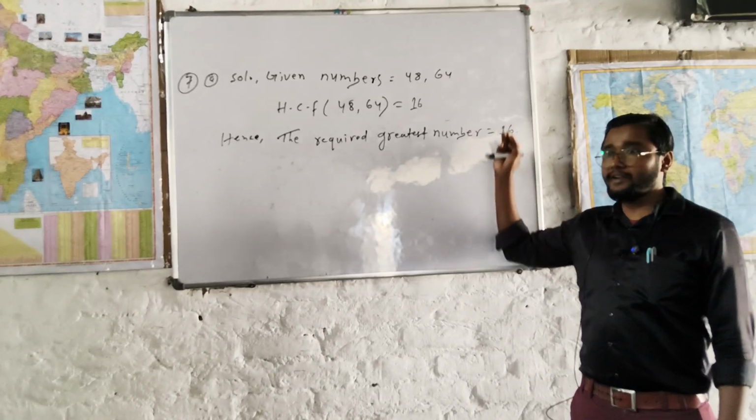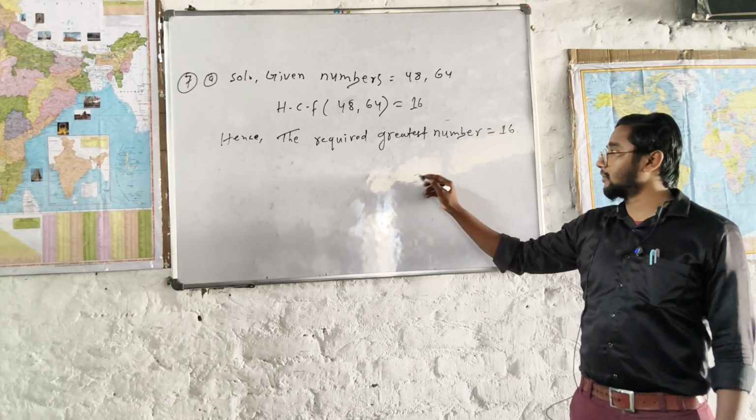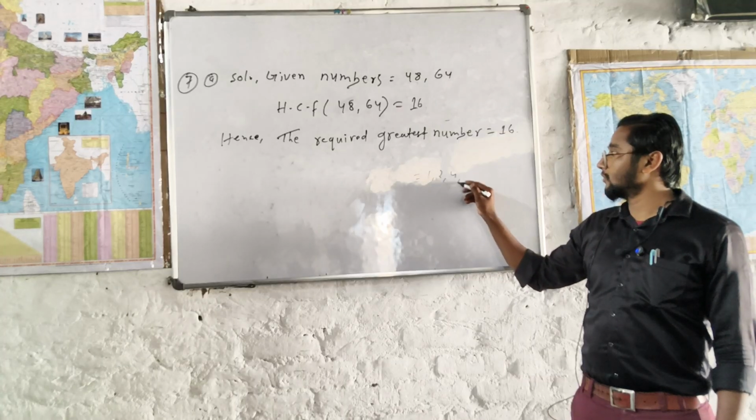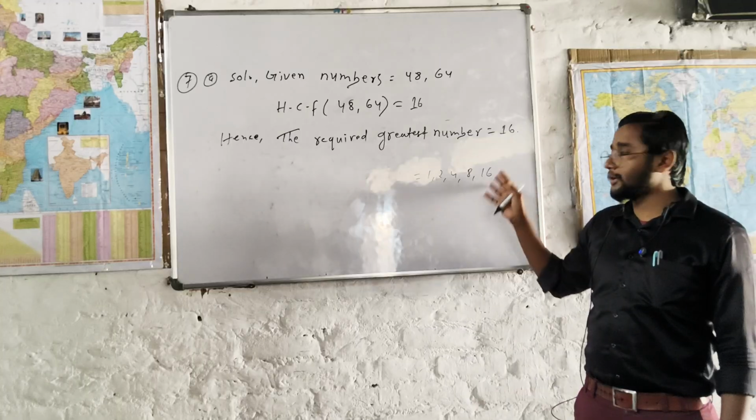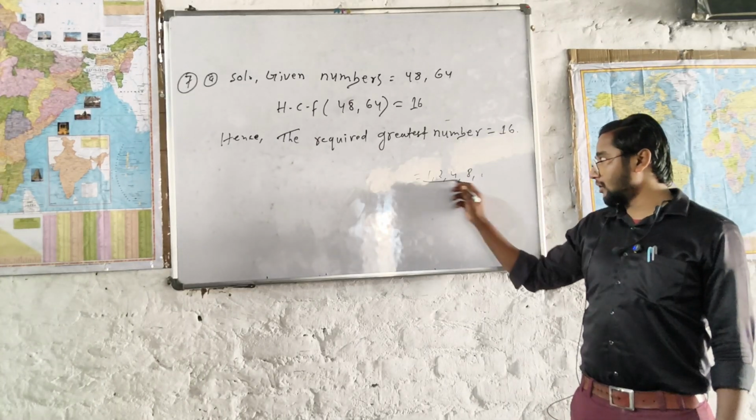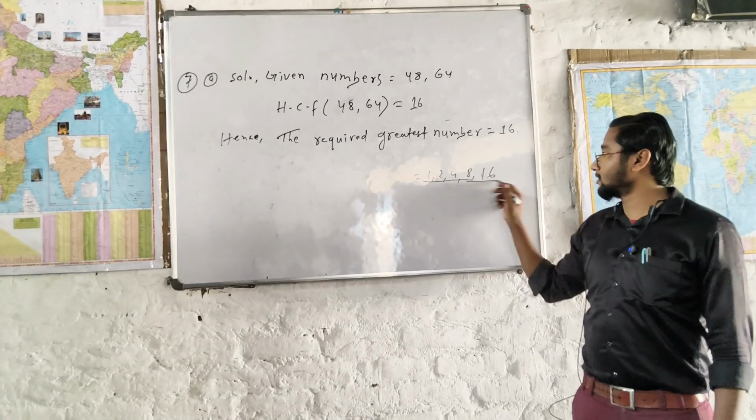All the factors of 16 will divide both. Factors of 16: 1, 2, 4, 8 and 16. Because 16 is already written, no need to write it again. Okay, write the 16, no problem.